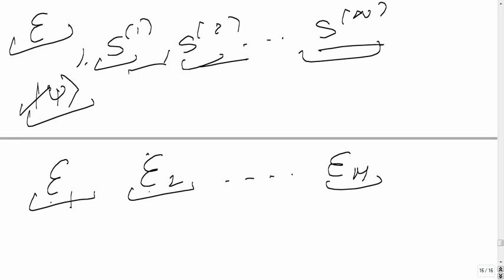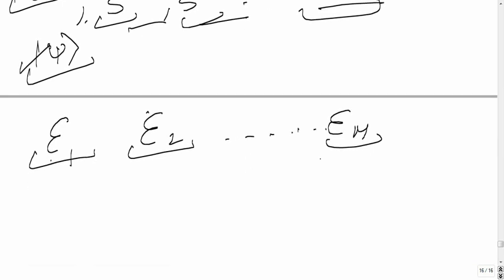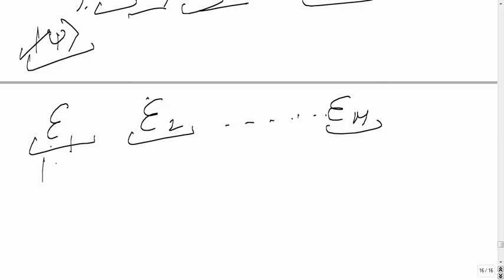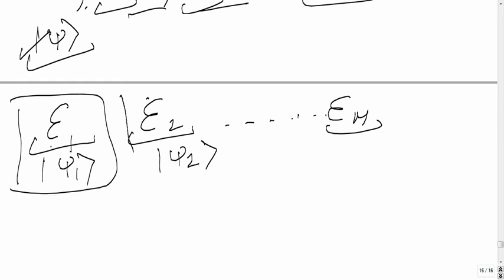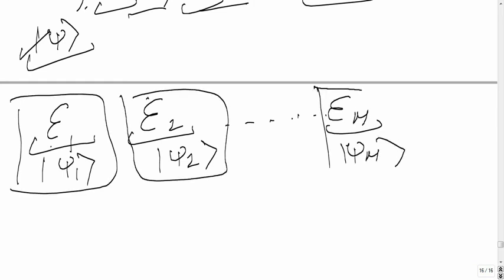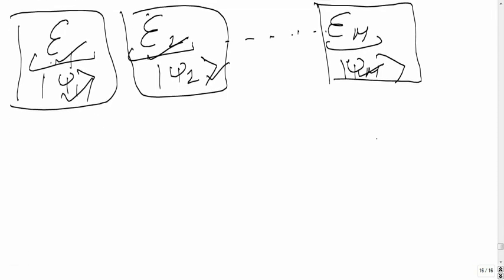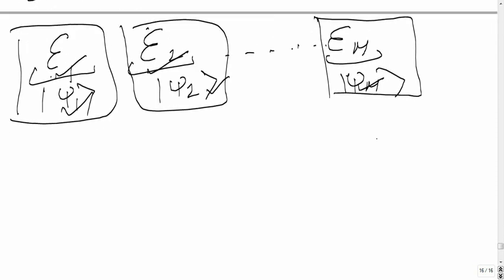Therefore the ensemble epsilon 1 can be characterized by the normalized state vector xi1, and similarly xi2 up to xim. That is, all the quantum systems in these ensembles are in the states xi1, xi2 and xim. And let us mix these in a separate ensemble, a separate bag of quantum systems.